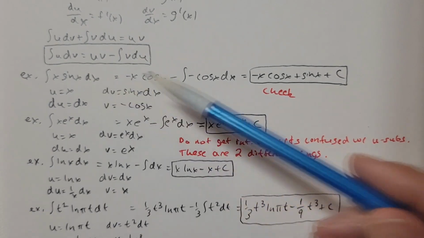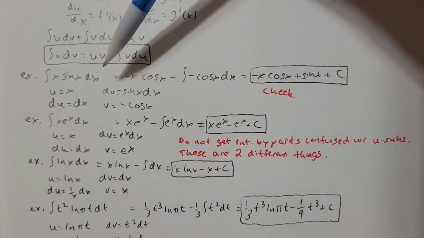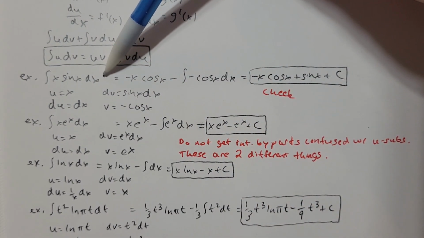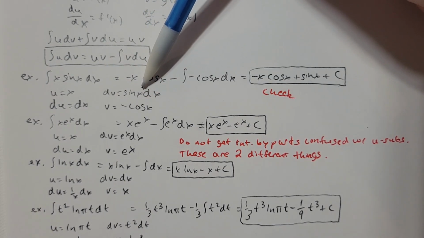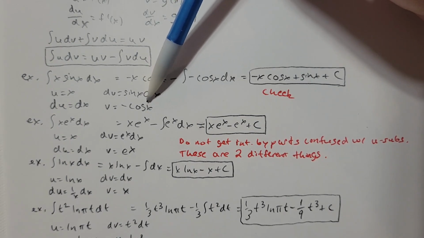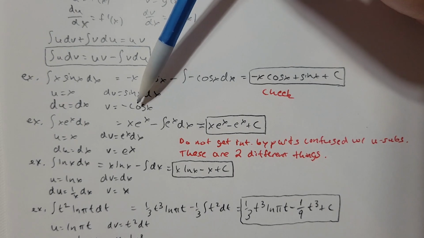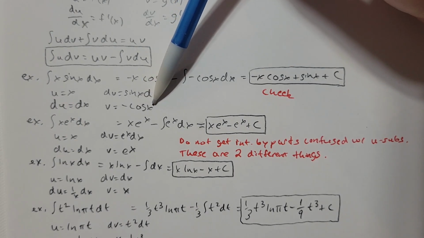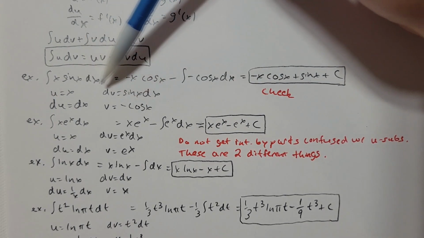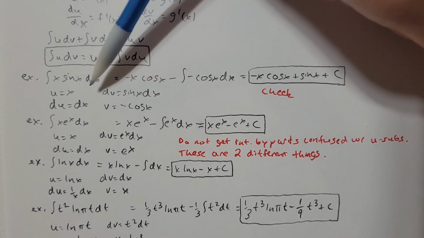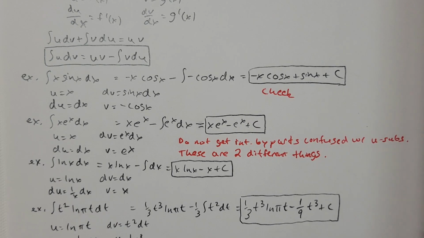Dv would be the leftover part of what's inside the integral, which is sine x dx. And v would be the antiderivative of sine x. So the antiderivative would be negative cosine of x. Okay, because if I differentiate cosine of x, I get negative sine x dx, or, the opposite of a negative is a positive, okay?